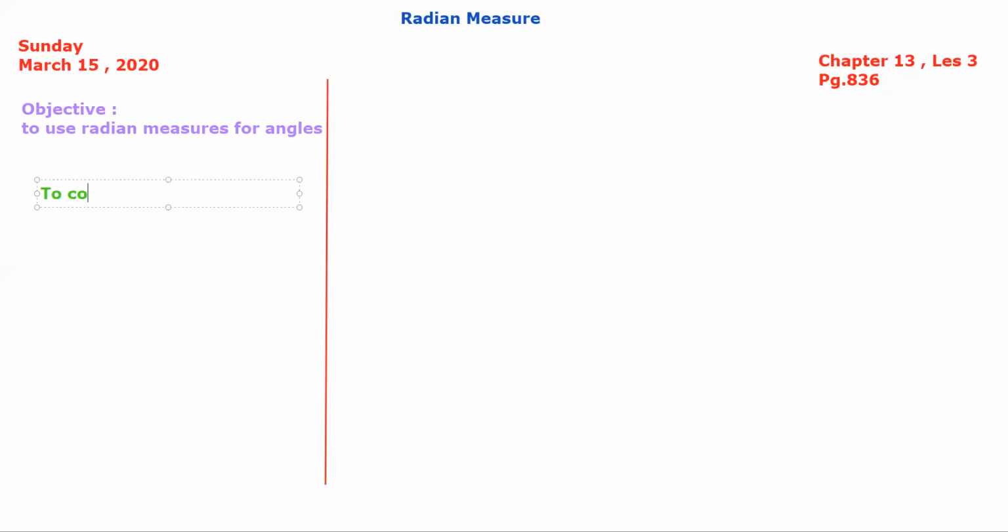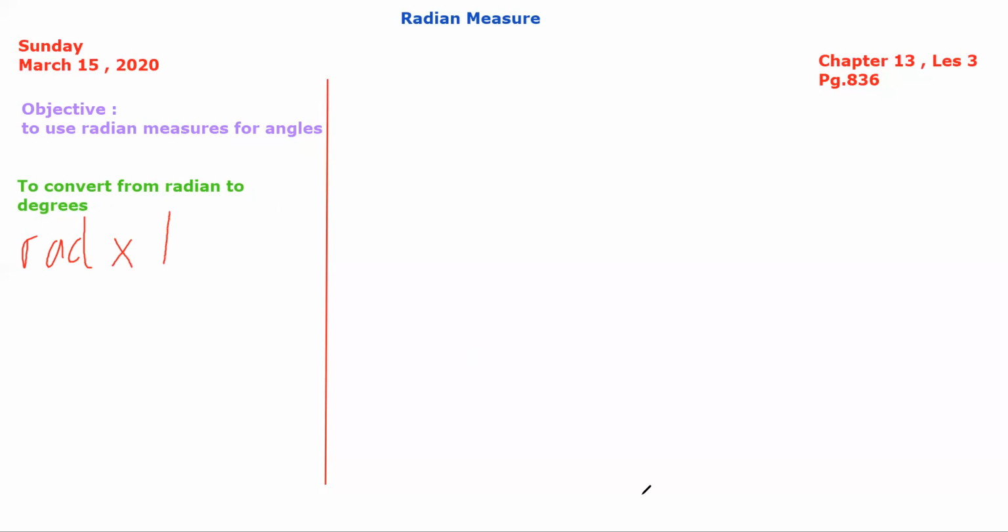Now, to convert from radian to degrees. Okay, I have an angle in radian, so I need the answer in degrees.